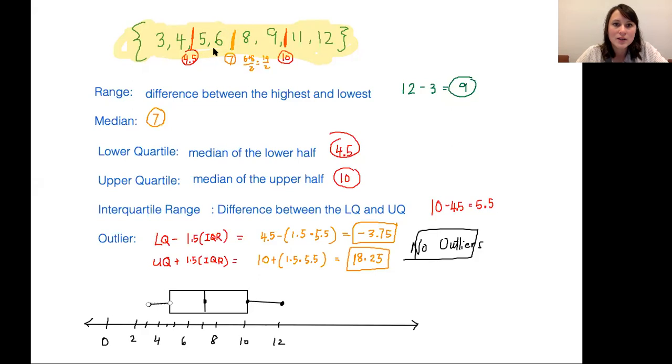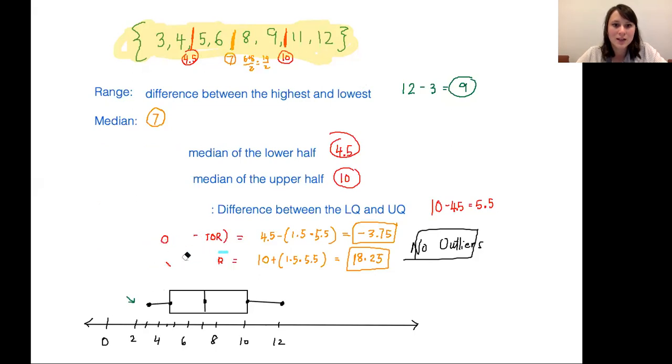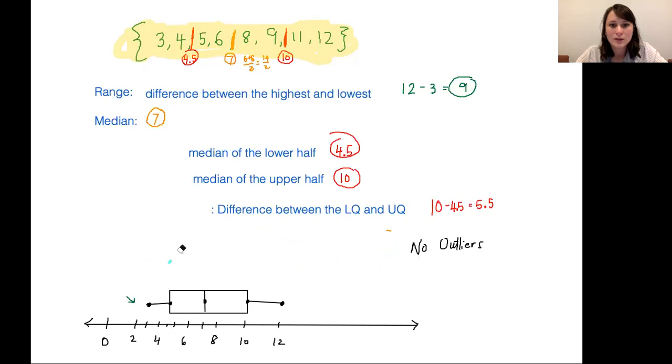So what this does is it actually describes your data. Here's your smallest number. So I'm going to just give myself some room here by taking all this stuff off, so I can write this down.